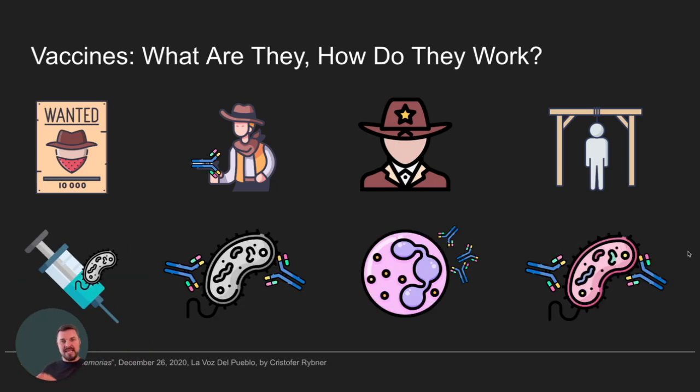So vaccines are actually this sign that tells the body how to recognize a bad guy. It's not a drawing, of course, but it's normally either a part of a pathogen, or maybe a dead pathogen. It's a cooked one, so it doesn't hurt us, but it still looks like one.